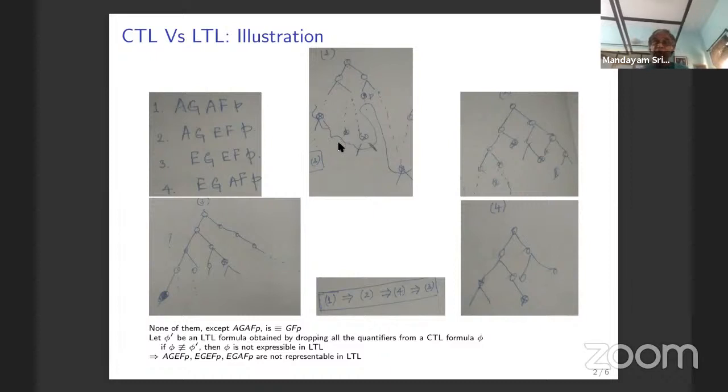Okay, and that's why this satisfies AG of EF of P, because it violates AG of AF of P, because this particular state does not satisfy it, because there is a path in here in which P eventually never holds, although each of those states satisfies EF of P. Okay, and that's why AG of EF of P is different than AG of AF of P. Is that clear?